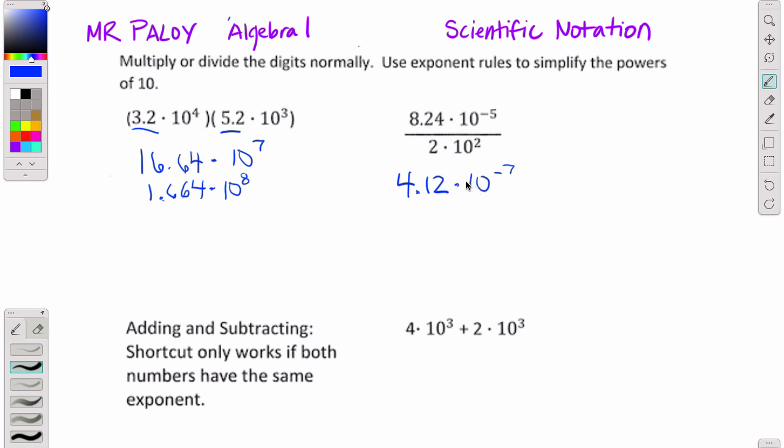That was quick. When we're dealing with adding and subtracting, the only time shortcuts really work is if both of the numbers have the same exponent. It's like having common terms.